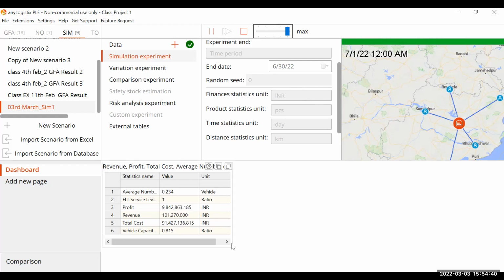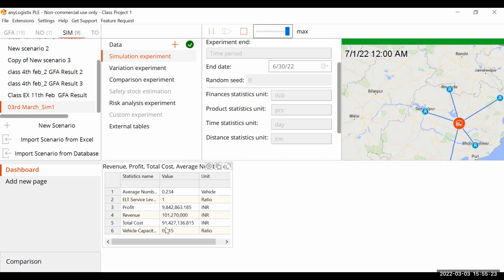So if you see the output of the simulation, what in detail I have given, my profit is around how much? 98 lakhs, 42,863. I have a revenue of around 10 crores, 12 lakhs, 70,000.